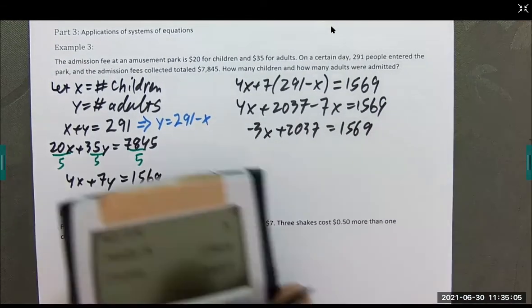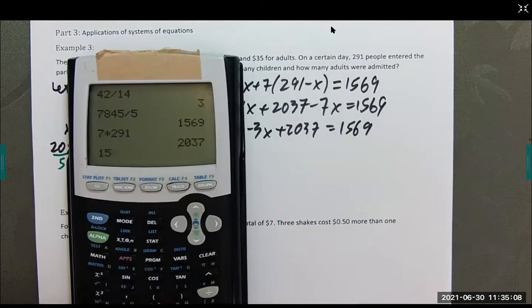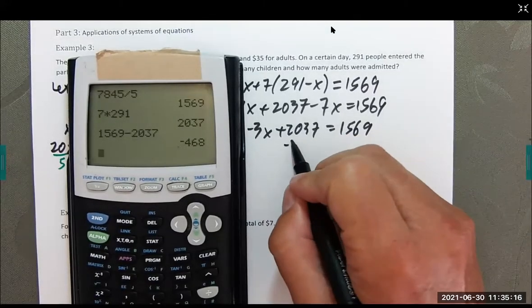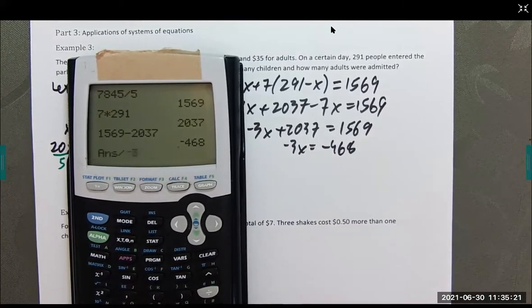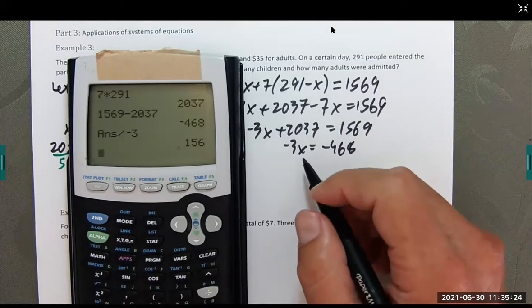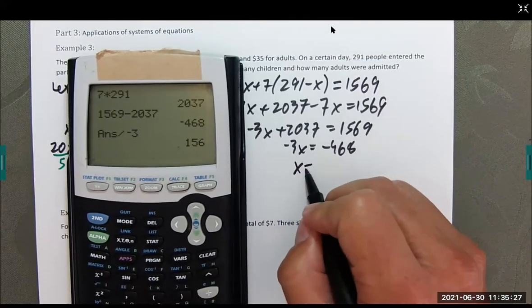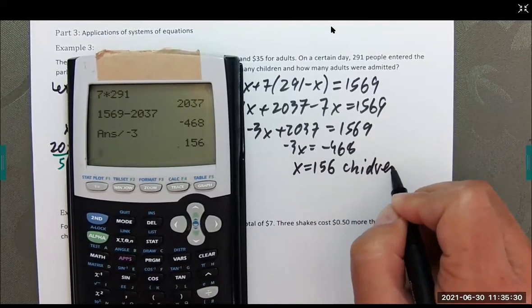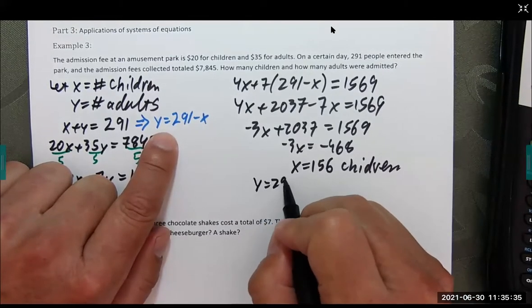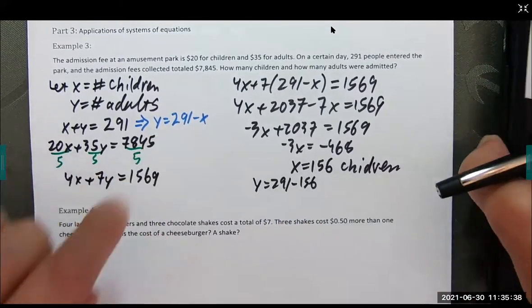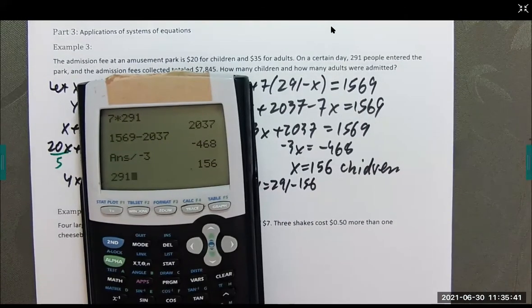Subtracting, 1569 minus 2037, so negative 3x equals negative 468. Divide that by negative 3. So x is 156 children, which means if I go back to here, y equals 291 minus 156. 291 minus 156 is 135.